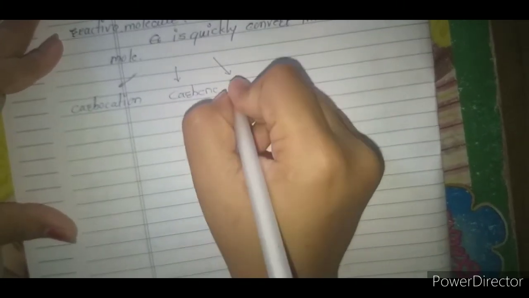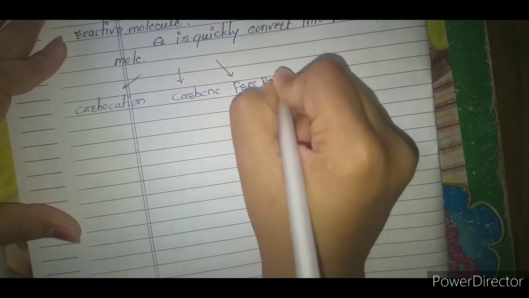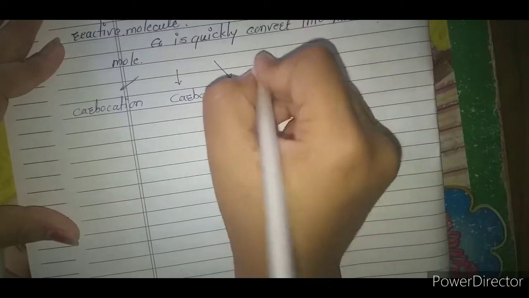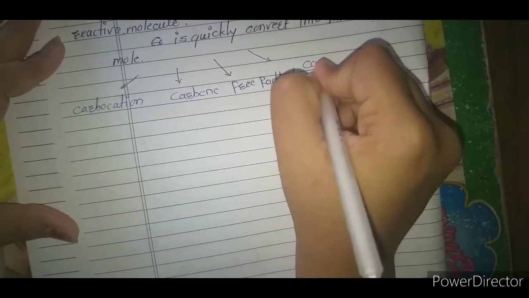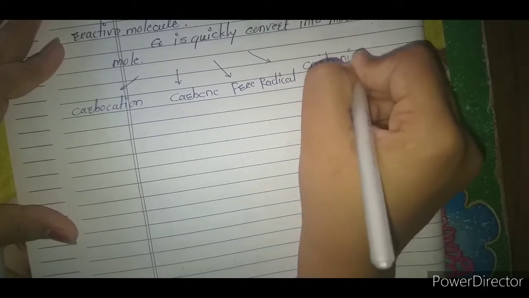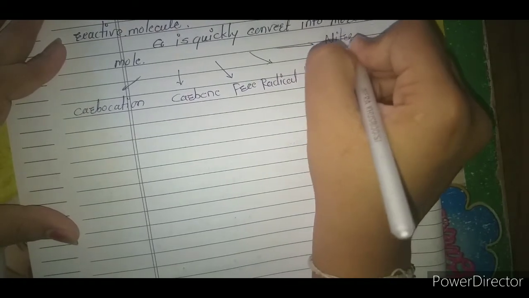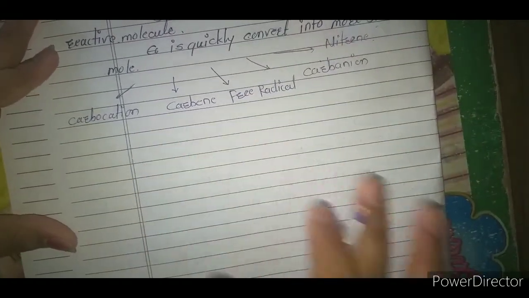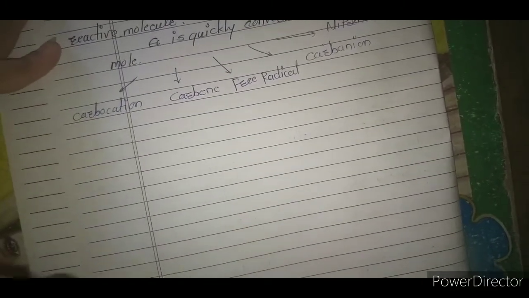Next is your free radical. Fourth type of intermediate is carbanion, and last is nitrene. These are the types of intermediate formed during a reaction.